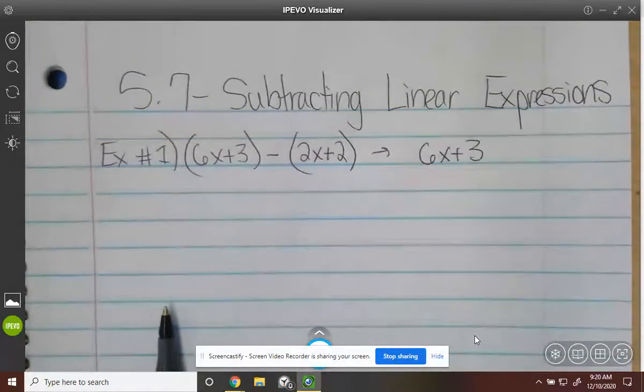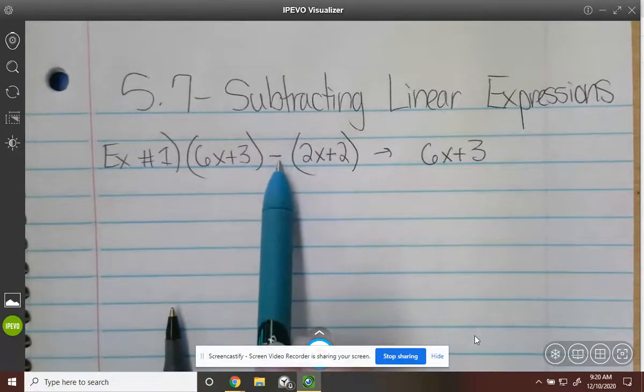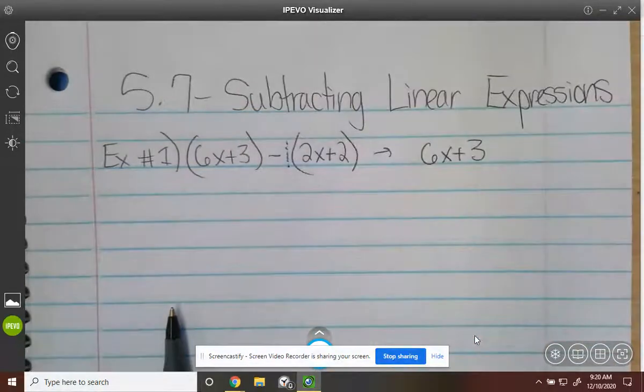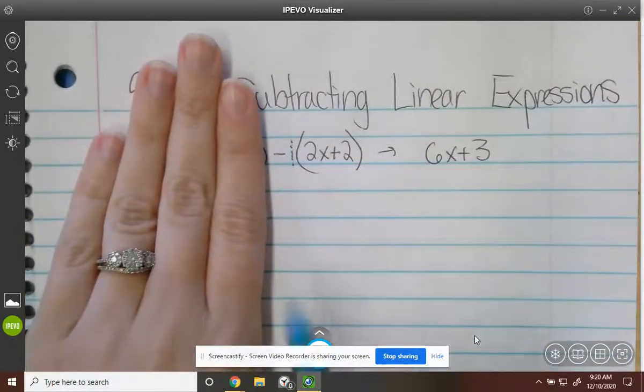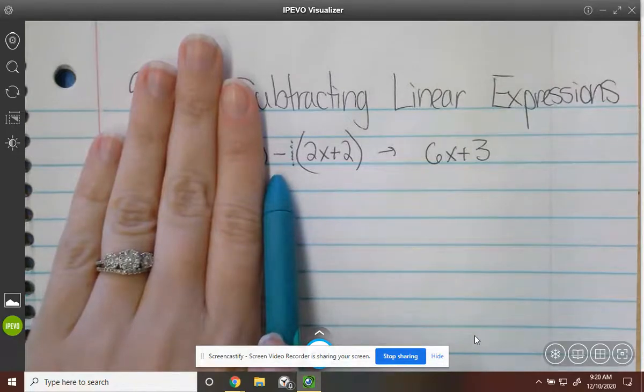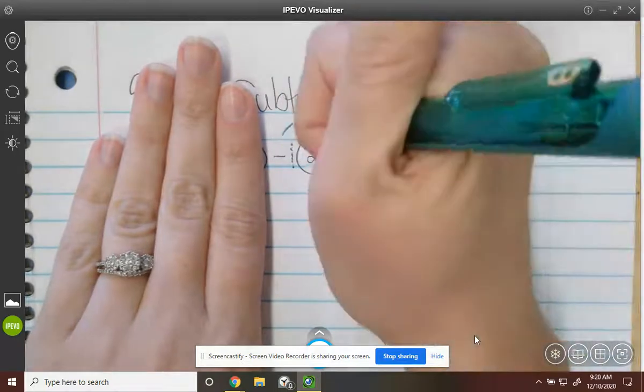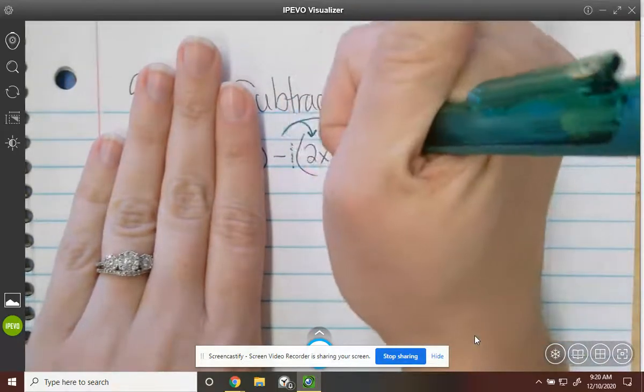I don't know if I've told you this before, but the 8th graders should know there's an invisible something sitting behind that negative sign, and that is an invisible 1. So we know with distributive property, if there's a number sitting in front of our parentheses, we have to distribute that number into the parentheses.